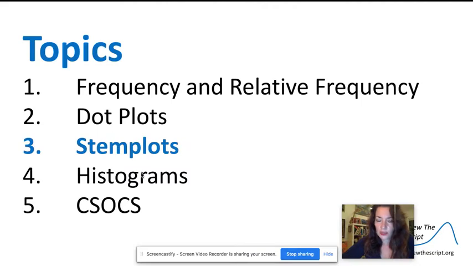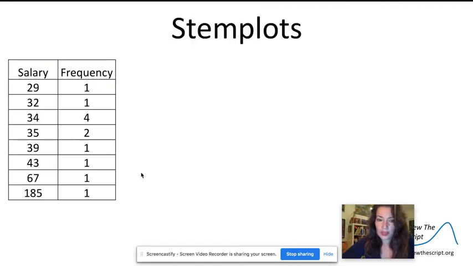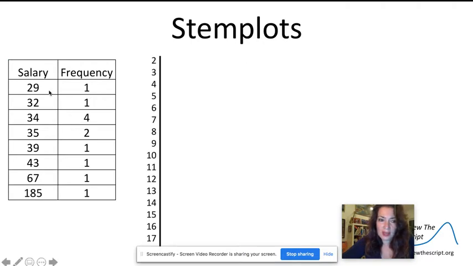All right, next we're going to talk about stem plots, and I actually made another video showing how to construct a stem plot if you do not know how to make one. So looking at a stem plot, depending on our data, we would number from least to greatest. So in this case, 29, and our highest value is 185.